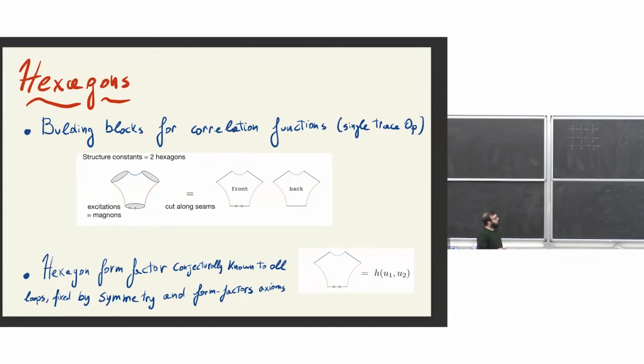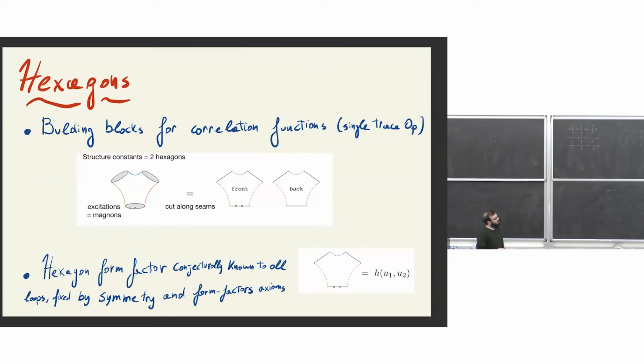It's this hexagon. So what is a hexagon? Well, this is more or less a self-definition. It's a building block for correlation functions in general. But the idea is literally you try to study this 3-point function, as this pair of pants in the stringy picture, where you have excitations only on one of the edges.